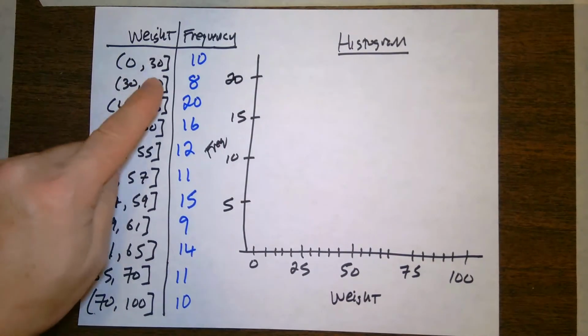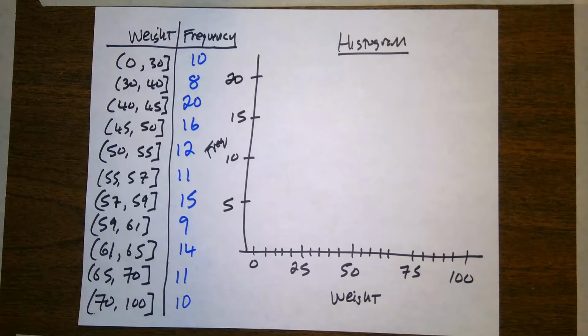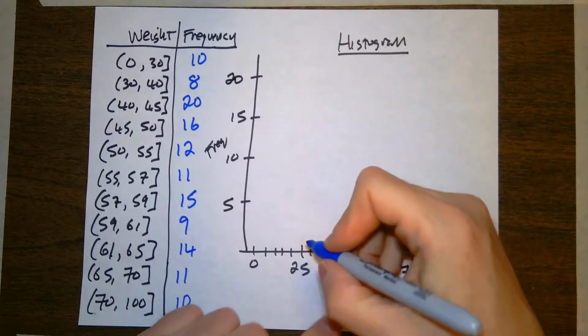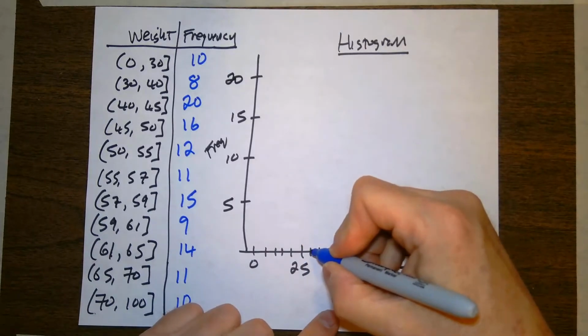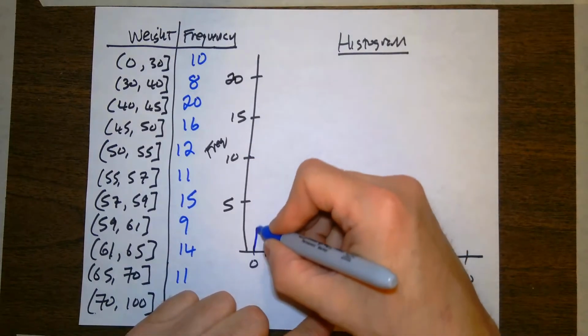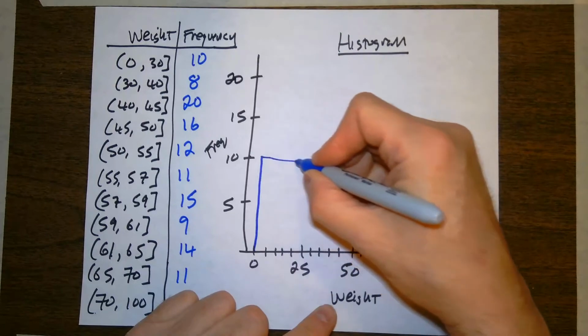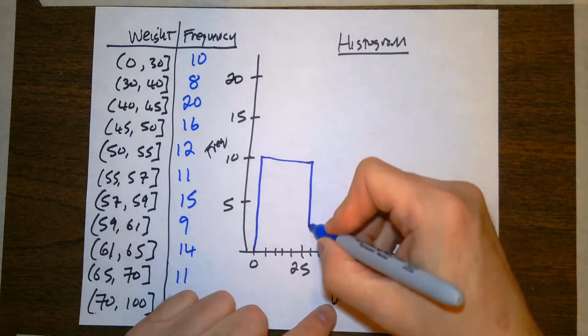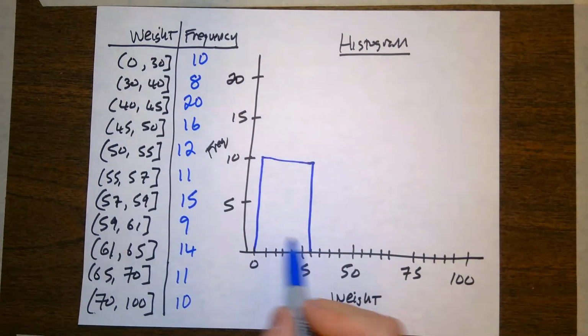Now my first class was 0 to 30, and there were 10 of those. So from 0 to 30, which is right here, there were 10 of those. So this is my first class, 0 to 30, and there were 10 of them.